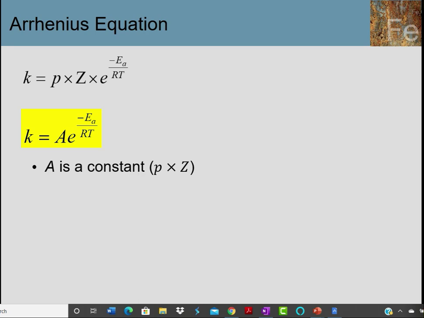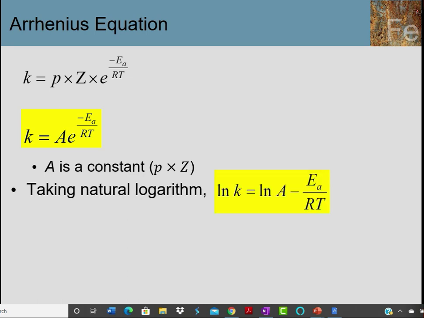Now, logarithms, if you haven't taken Algebra 2, I apologize. This may seem a little weird, but when you take the logarithm of this equation, you get this. When you take the logarithm of a number, ln k is ln k.